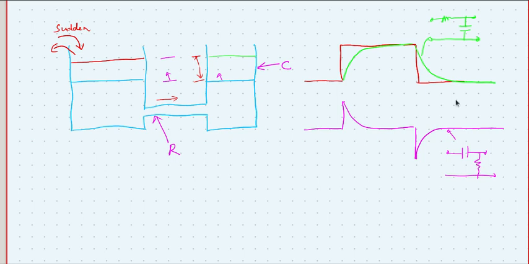So we are checking the voltage across C. That means you are looking at the potential difference across C, that is the height of water in the tank. Then this is what you get.